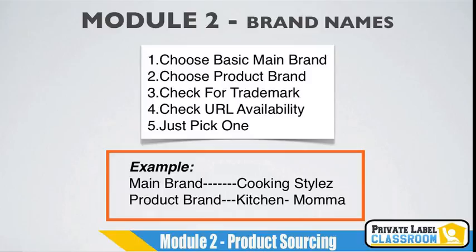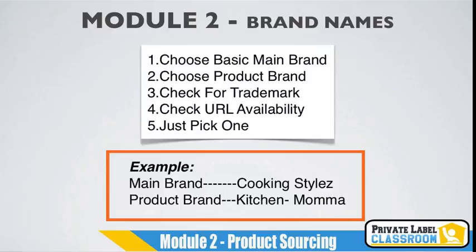Now, you can make these two the same if you want to, but if you think that you might not have the same product line, which I don't recommend, I do recommend having the same type of products underneath that brand. But some people have asked me, Scott, what if I want to sell something in the kitchen space, and then something over here in the sports space?